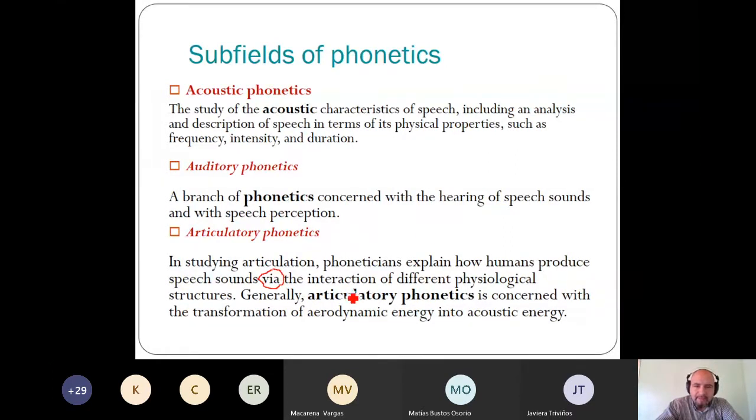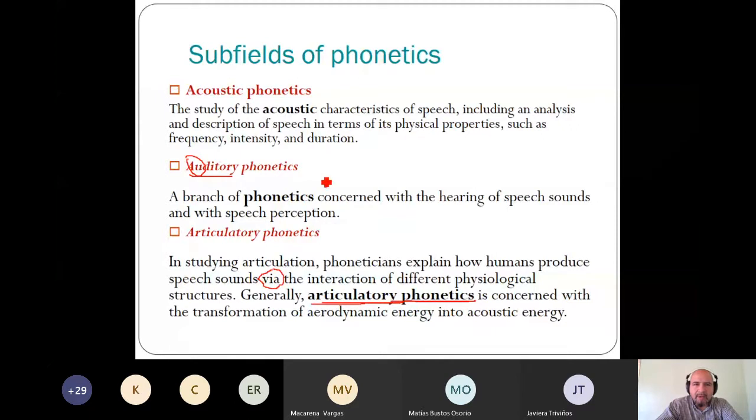The same with these very technical words that we're going to be repeating a lot during the semester, like articulatory phonetics, auditory phonetics, and acoustic phonetics.